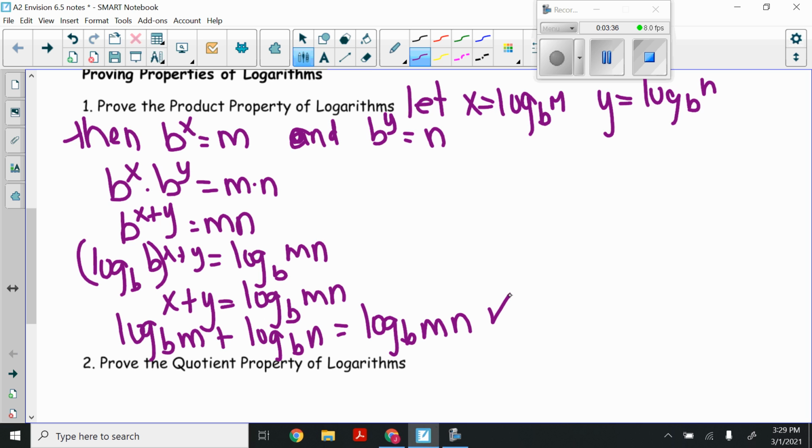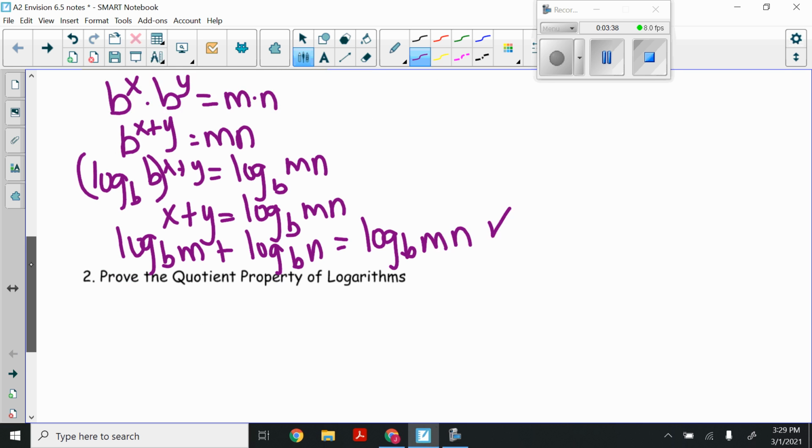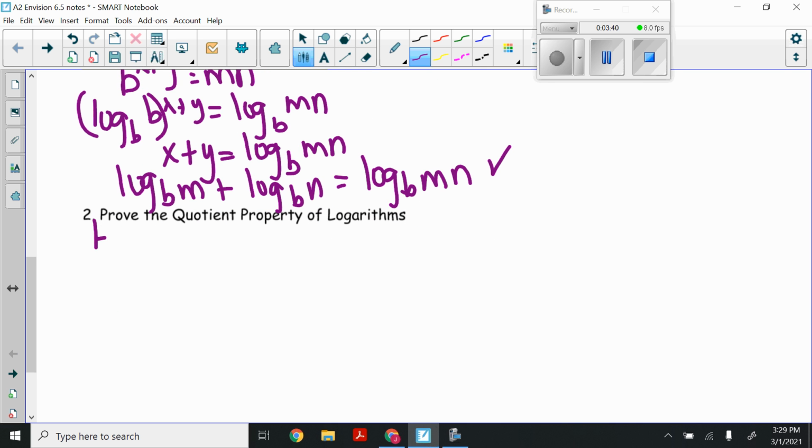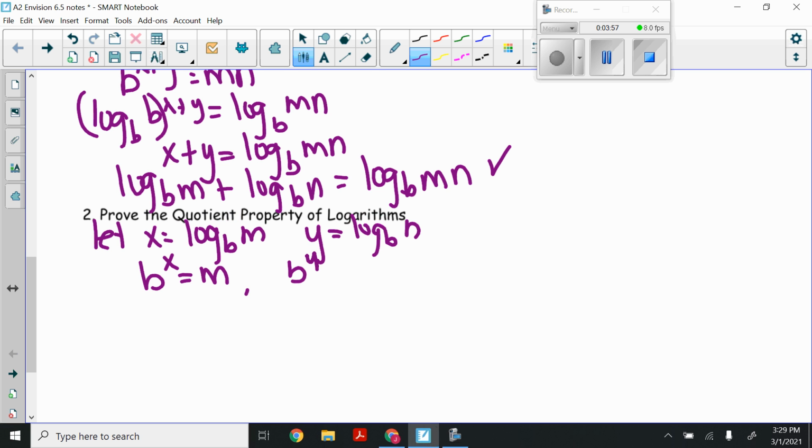Now we're going to do the exact same thing with the quotient property. We're going to prove that. So again, I'm going to let x equal log base b of m and y equal log base b of n. I'm going to change them to exponentials again. So b to the x equals m, b to the y equals n.